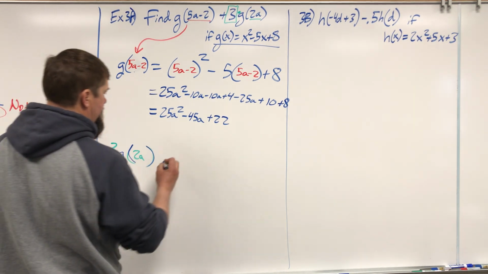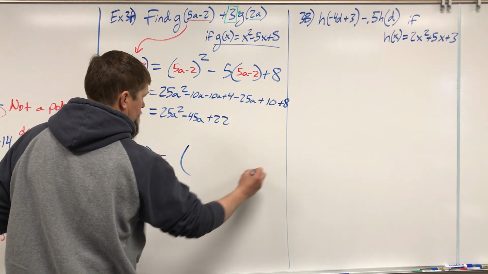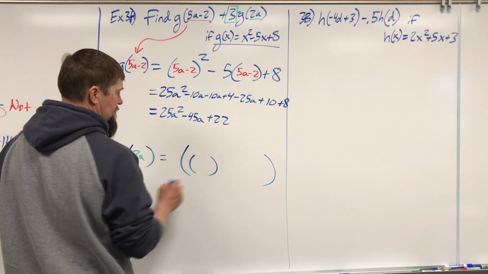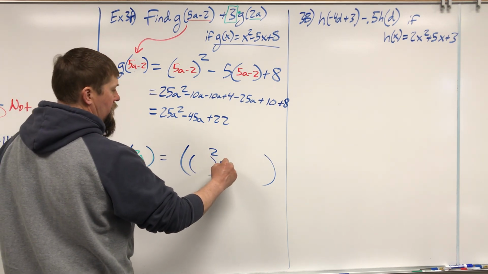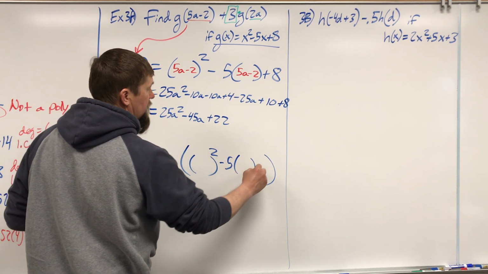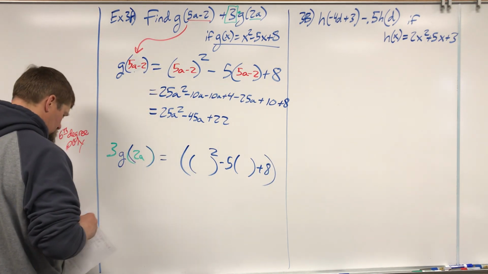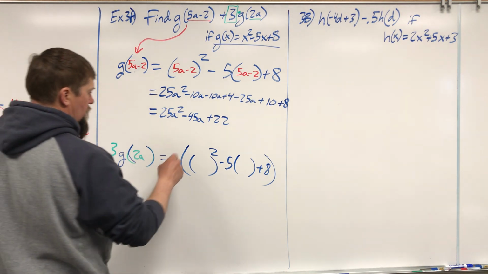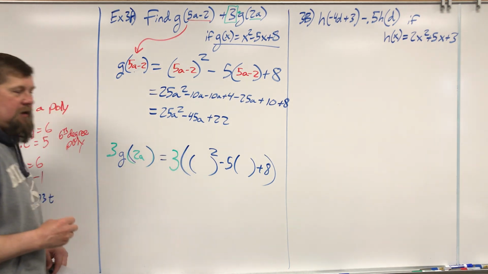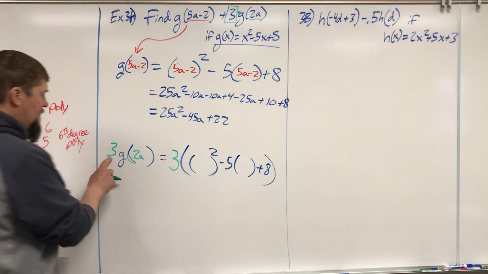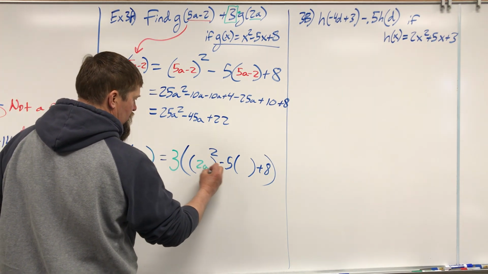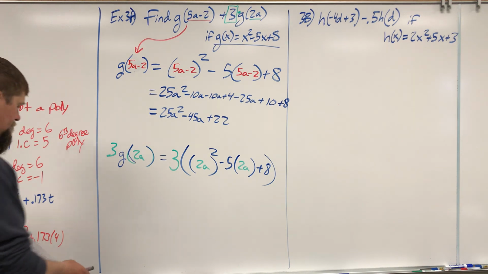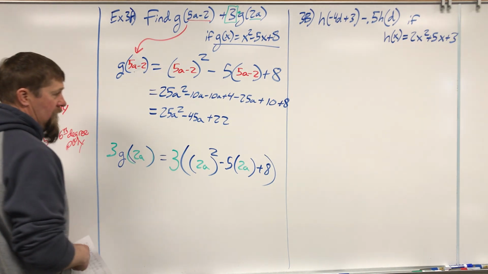So here I have the g of x function, which is x squared minus 5 times x plus 8. We're going to multiply it by 3 in the end, because that's on the outside, but we're going to put 2a on the inside for x. And now we're going to evaluate it.